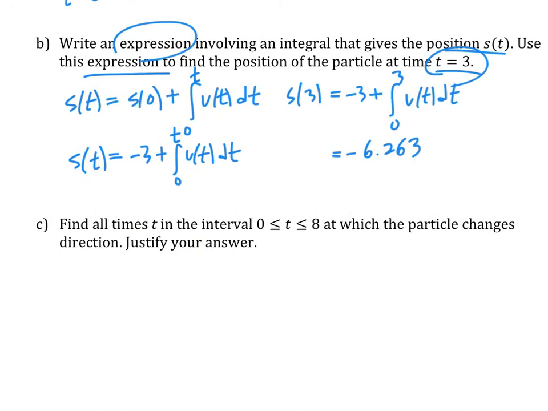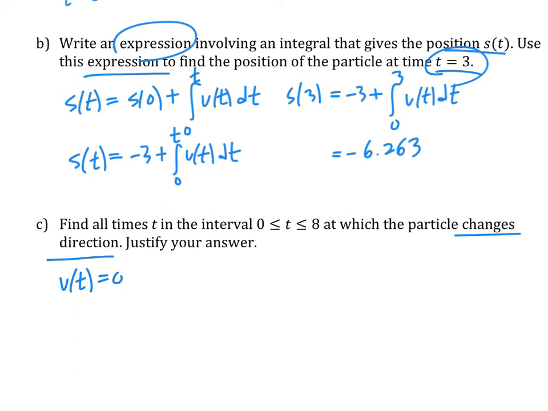Okay, next one. Find all times t in the interval 0 to 8 at which the particle changes direction. If you forgot what that means, again, use the cheat sheet to help you. Changes direction means that v of t has to be 0 at that point.